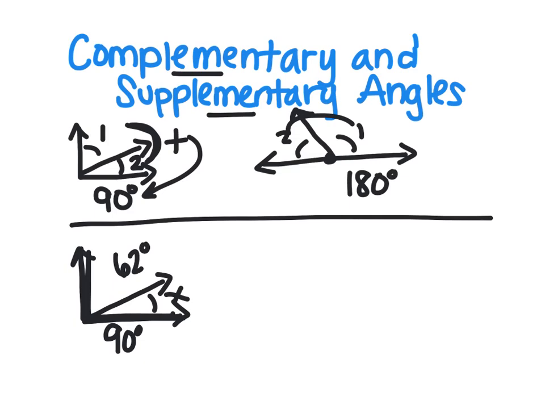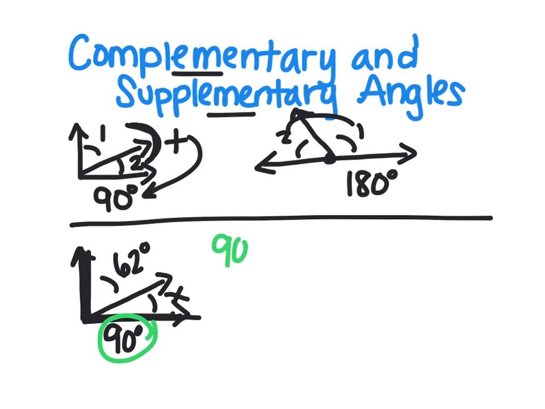Well, since we know that it's a 90-degree angle on the outside, it's called a complementary angle because the two angles together are going to complement each other and form a right angle. So what we would do is take the information that we have, which is I know they're going to add up to 90.